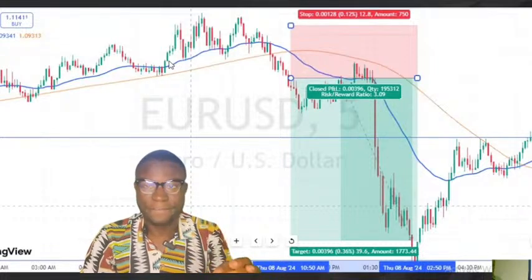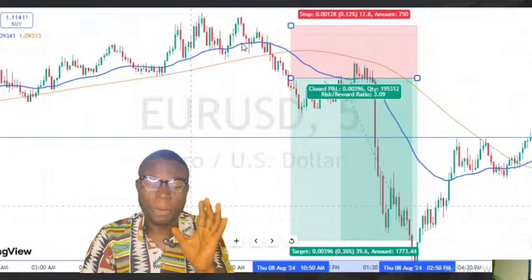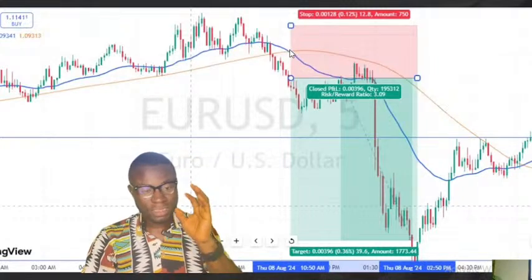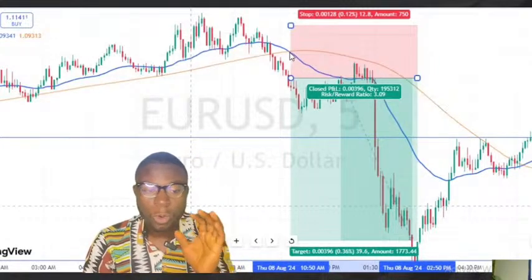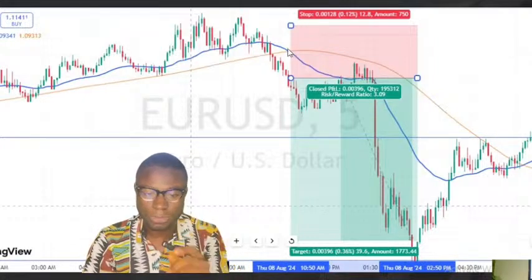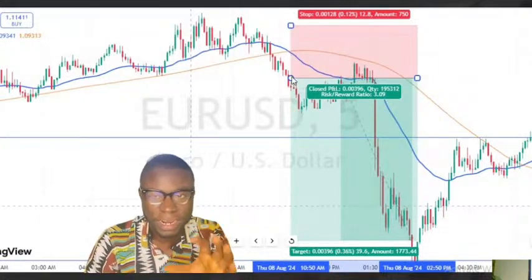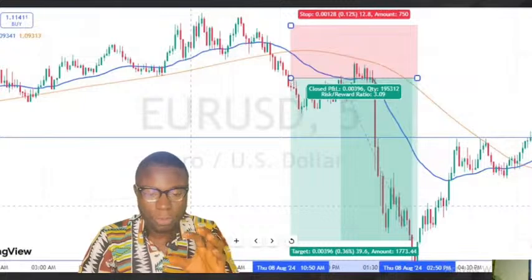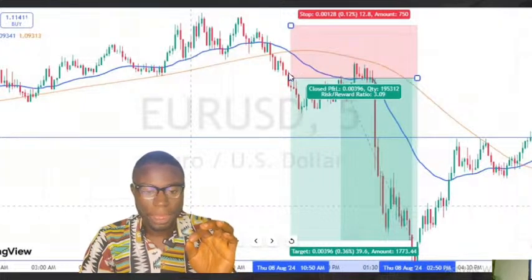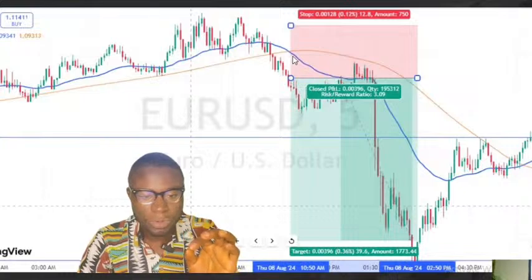After observing that, the next thing you want to observe is that the blue moving average crosses below the orange colored moving average. Now as soon as you see this, make sure you take your trade immediately. Now when you take your trade at the cross below, this is for a sell position.